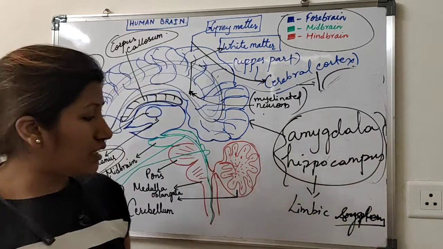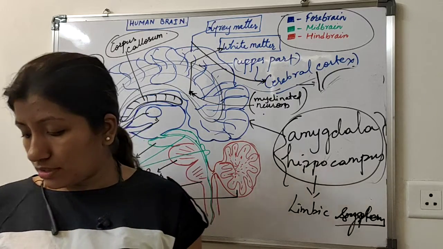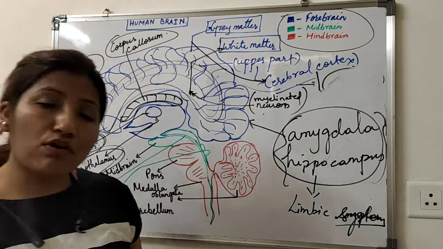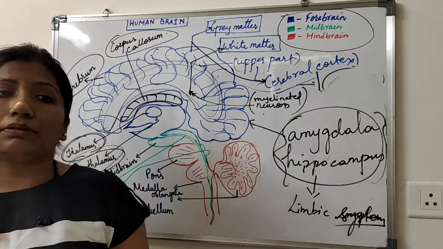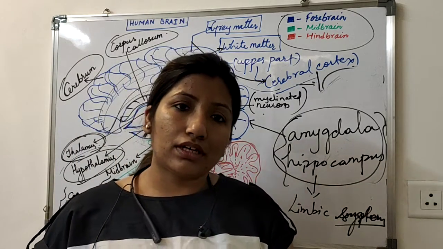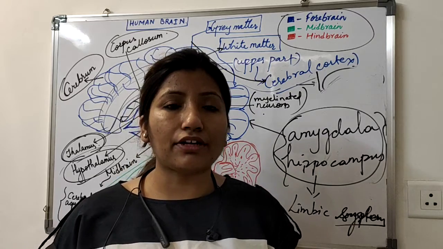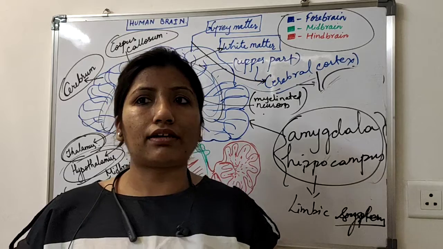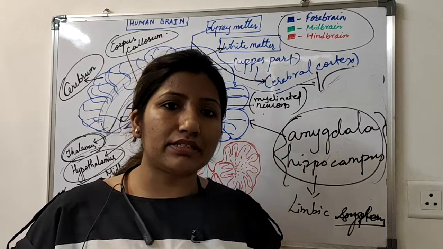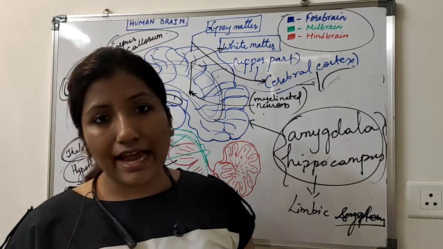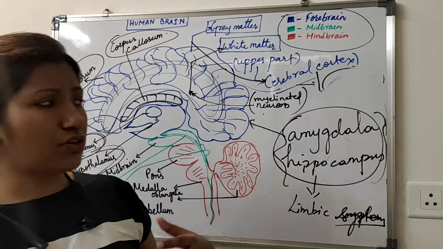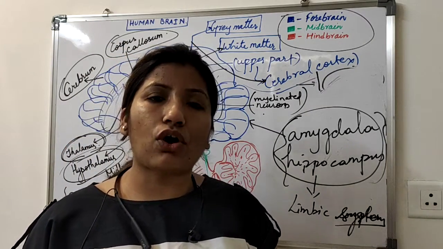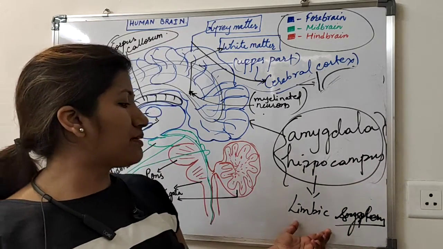They are responsible for coordinating and regulating our sexual behavior and emotional behavior. The behavior we show emotionally, what kind of emotions we generally show to people, like anger and happiness and feeling sad, and showing emotions such as pleasure and rage, all these are controlled by this limbic system.